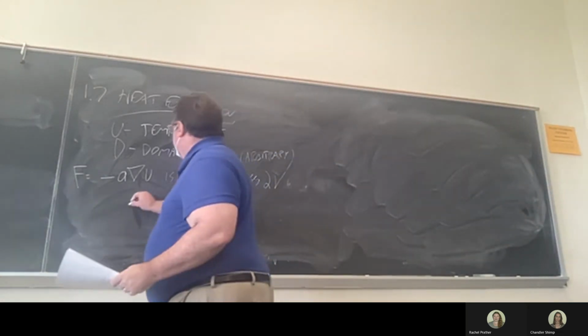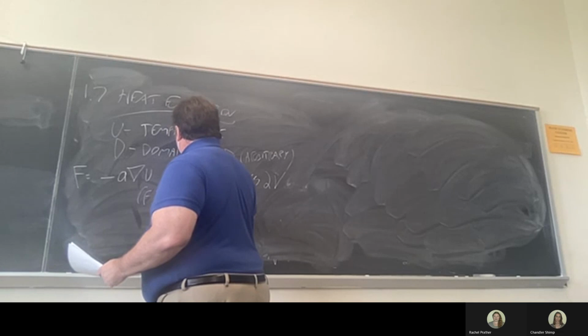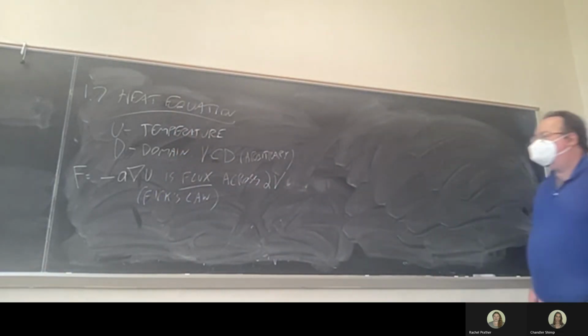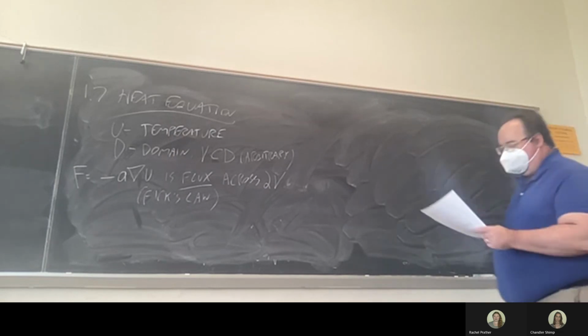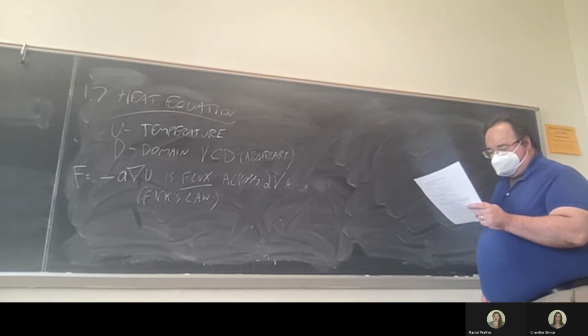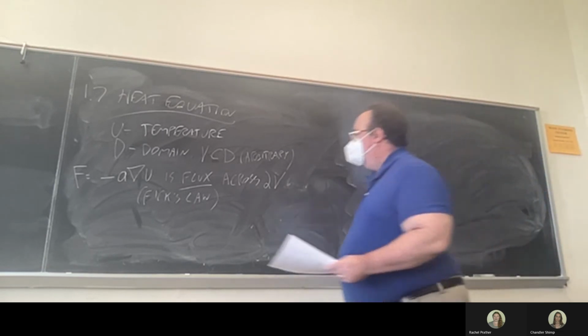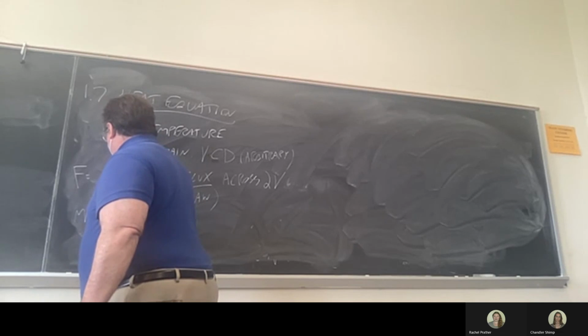Now, we have an equation. This definition of flux comes from Fick's law. Fick's law states that the flux is proportional to the gradient. Now, what we have is a mass balance, so a conservation law.